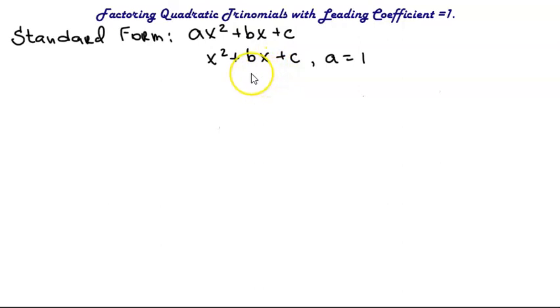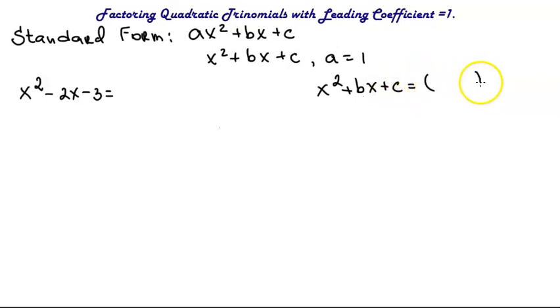So let's say I need to factor x squared minus 2x minus 3. Before I start factoring, I'll tell you in general, if you have x squared plus bx plus c, the factored form will look like this.